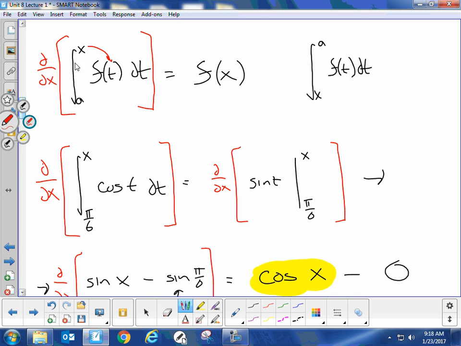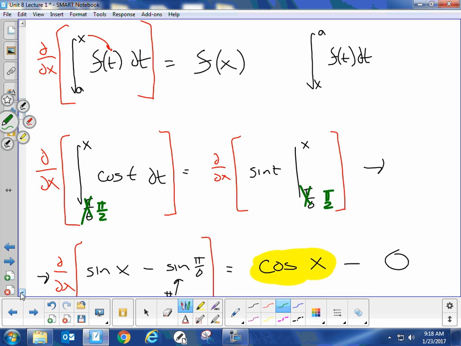However, this is an a. For this one, I had pi over 6. What if I change this pi over 6 to a pi over 2? Would that change my answer of cosine of x? Why not? Still a number. This is still a number. The derivative is still going to be 0. What if it was 0? Still would be a number. It would still be 0.